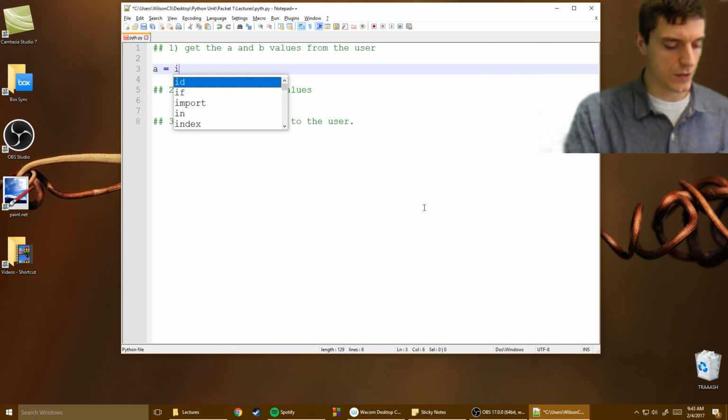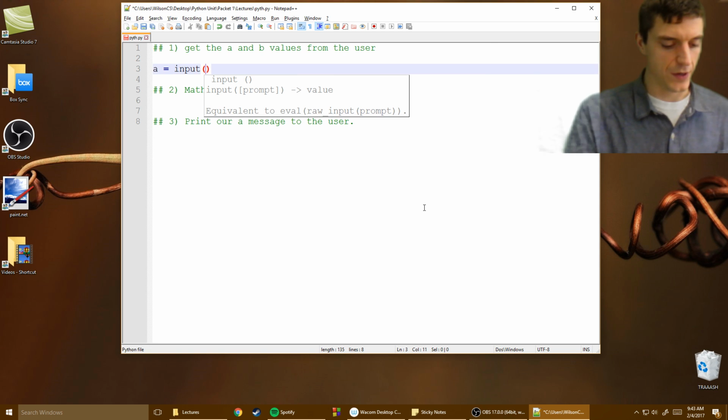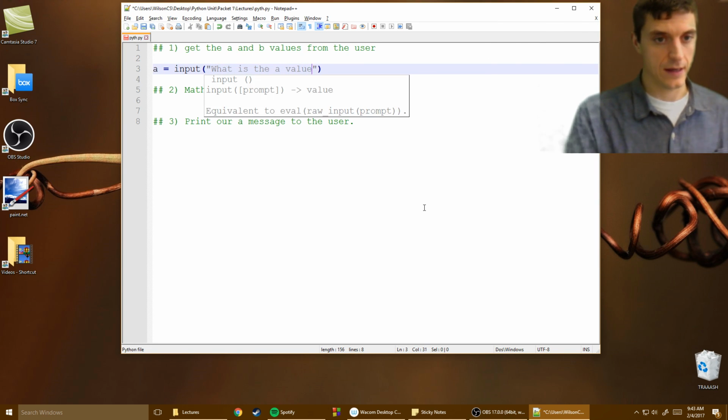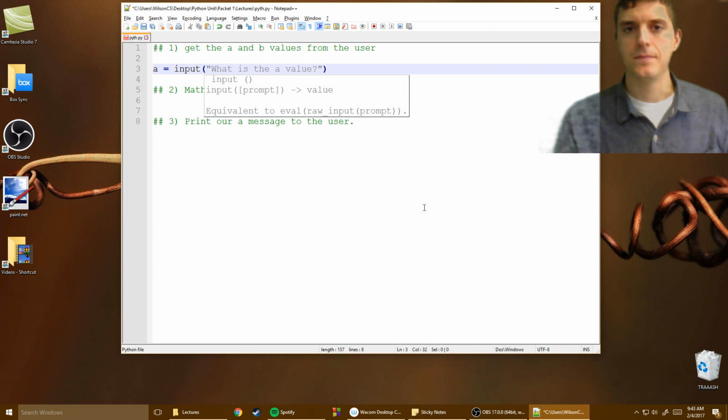It'd be a mistake to do it like this, remember? Just to say I want the input of what is the A value. Just to do that would be a mistake, right? Because what they're going to say back to you is 7. And input, it won't give you an error, but remember, you have to give a little hint to Python that this is going to be a number, and I expect to do math with that number.